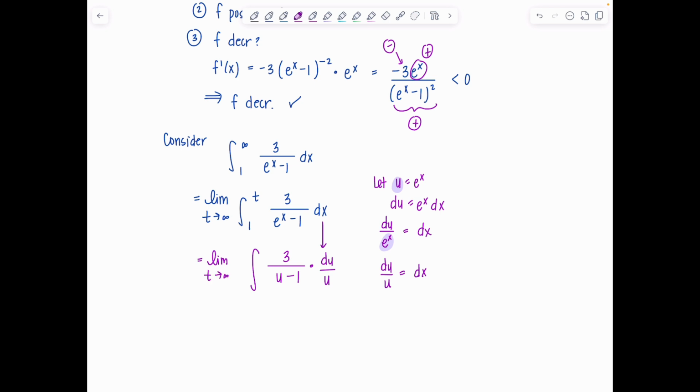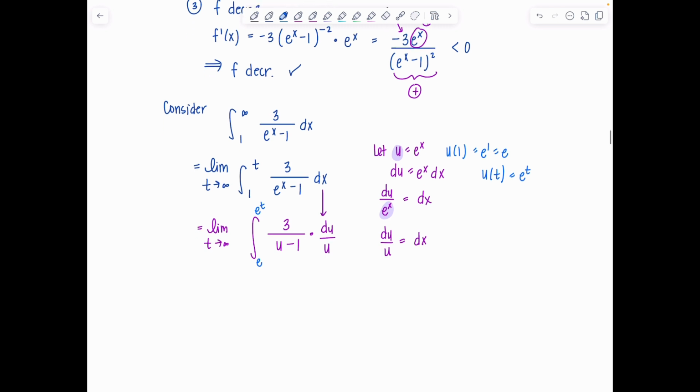Now, what are my new limits? These limits belong to x, so let me see what they are in terms of u. U of 1 is e to the first, so that's just e. And the upper limit, u of t, is e to the t. That's my new upper limit.